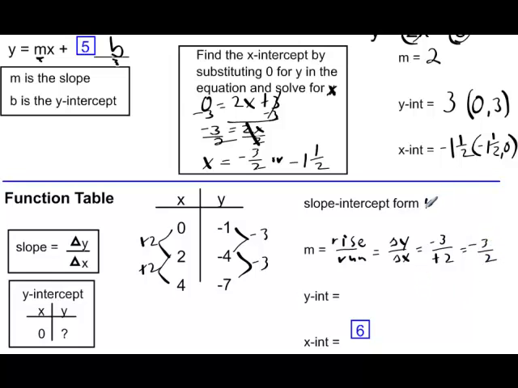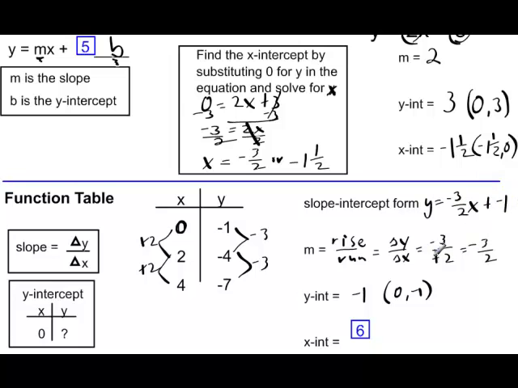So now I can put that into our equation: y equals negative 3 halves x. Now to find the intercept, I know that when x is 0, I'm given my y-intercept. Well, here, x is 0. So that must be my y-intercept, or 0, negative 1. So now I can put that where the b was.